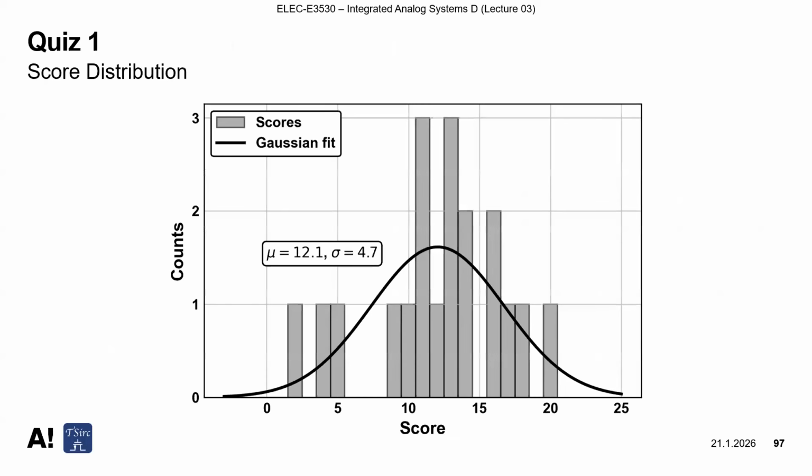This is the statistics of our quiz 1 score. We have a very nice Gaussian-like distribution of the quiz score. There was only one person who scored the perfect score, 20. On average, the mean value is 12.1.